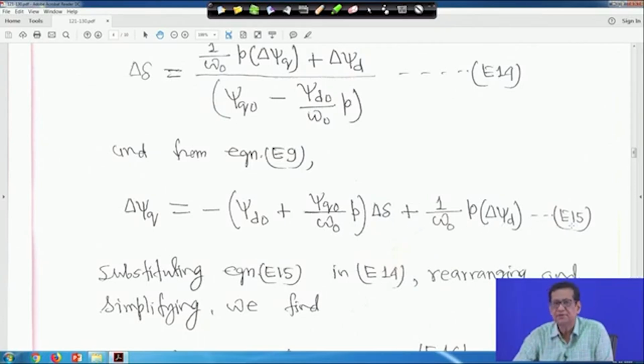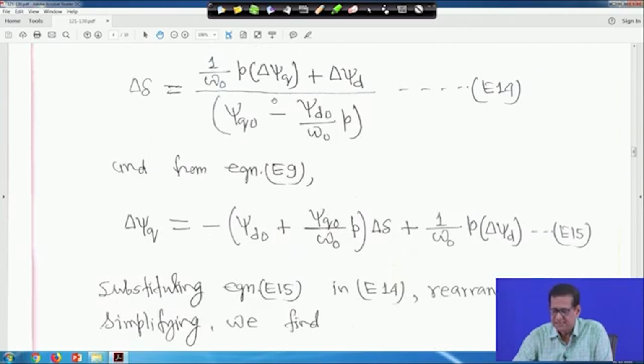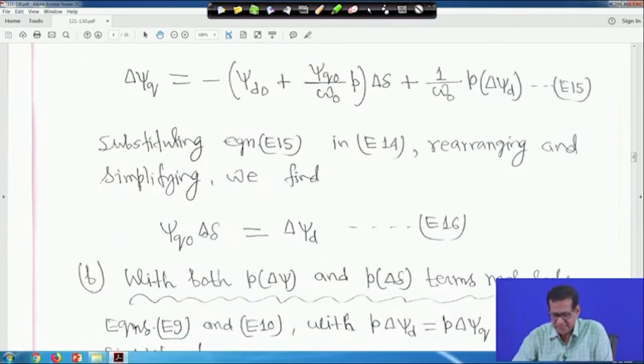This is equation E15. Now, substitute this equation E15, that is delta psi q, in equation E14 and simplify. You will get psi q0 delta delta is equal to delta psi d. This equation is E16, right.